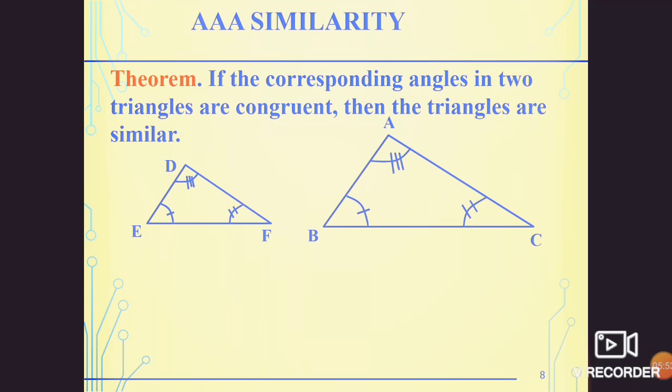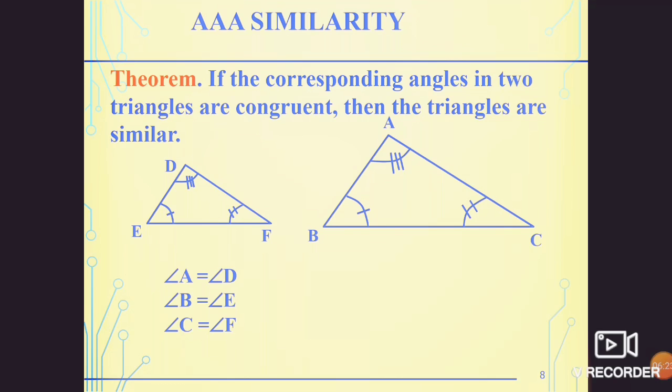If we can prove that all the corresponding angles are equal, then only we can say that these two triangles will be similar. We do not have to prove the ratio because it is already proven that if all the corresponding angles are equal, the corresponding sides will definitely be in ratio, okay, or will be in proportion.